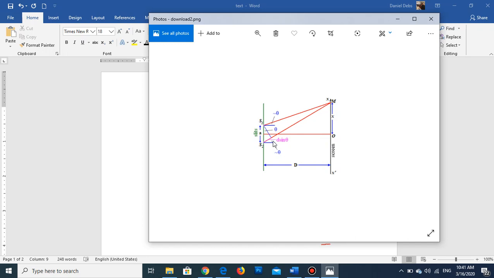But what are A, XM and D? A and D are known. This is A and this is D, and X is the abscissa of the point under study.